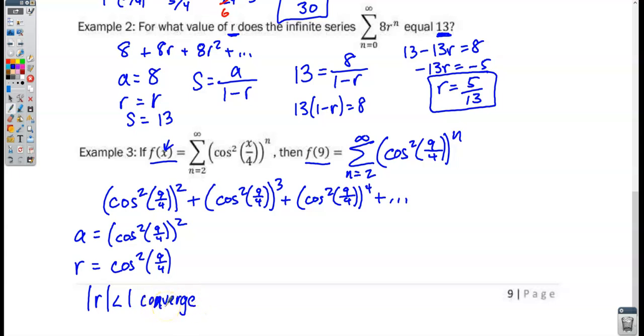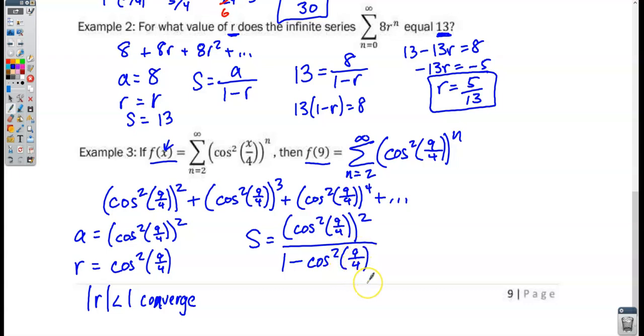And now I can find the sum. The sum is going to be equal to a over 1 minus r. And now I'm just going to go ahead and use my calculator in order to find the value of that.